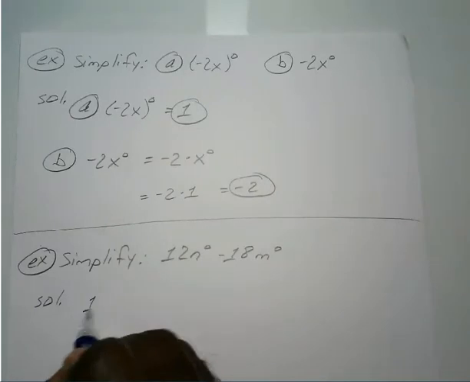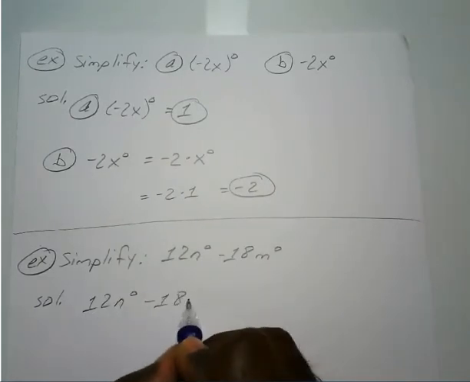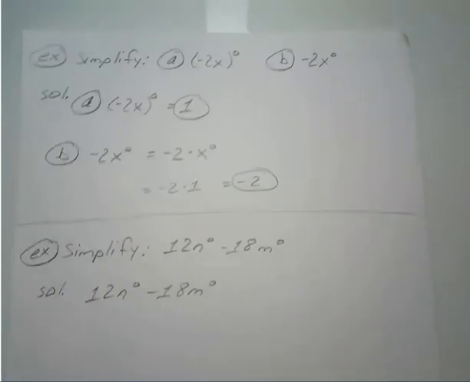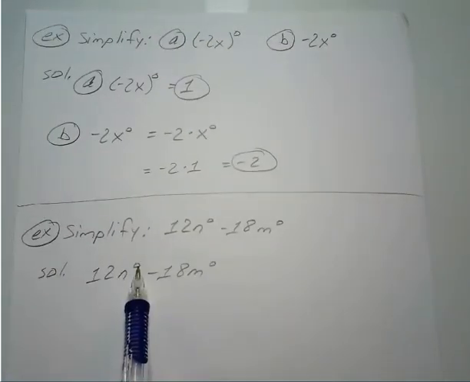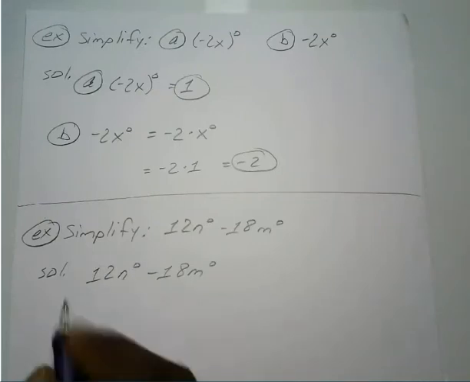Alright, so if we have our 12 times n to the 0 minus 18 times m to the 0, remember that 0 only applies to what's to its immediate left. Now if you would have had parentheses around the 12n, that whole thing would just equal 1. But you only have the 0 exponent next to the n.